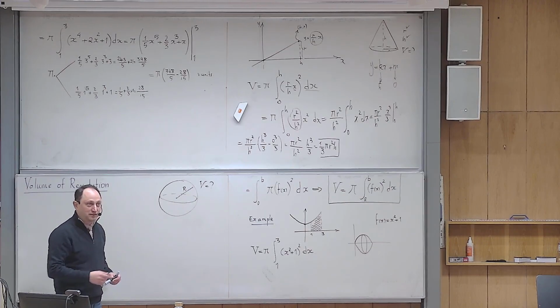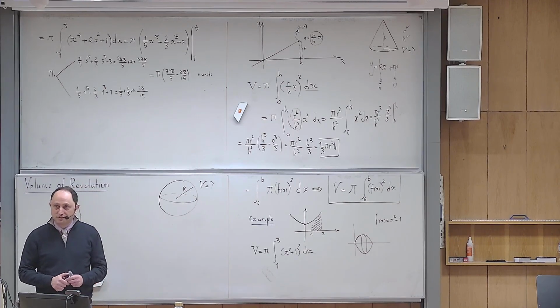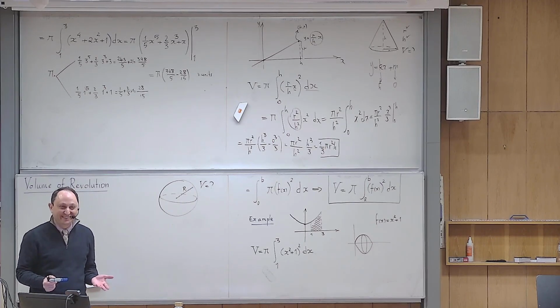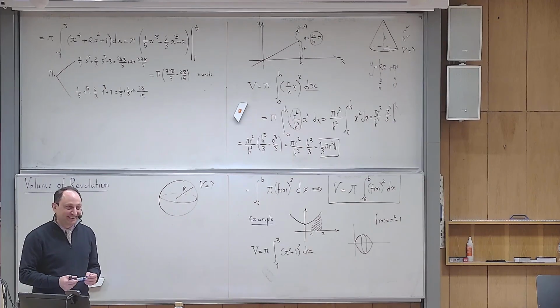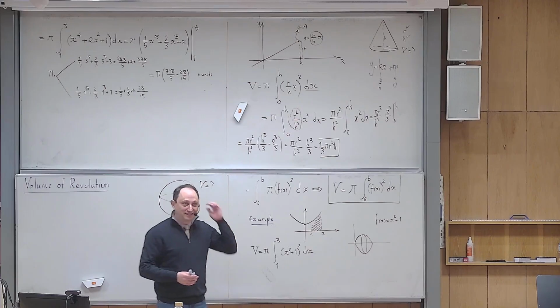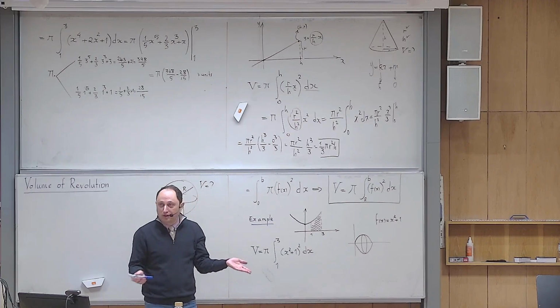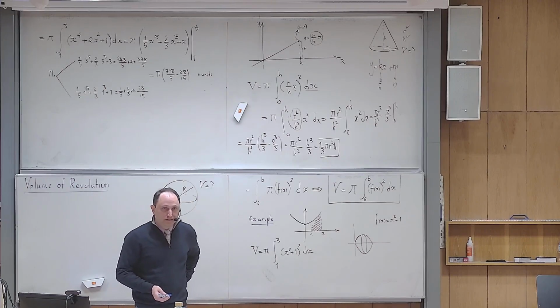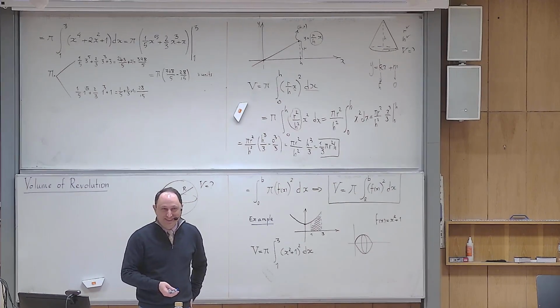Not a parabola. What should I rotate? Yes? Like a sine function. No, a sine function has the same problem as you said. Oh, yeah, that's true. You can calculate the volume if you are interested in, but that is not a sphere. Why is that not a sphere? Well, that's a good question. I don't know how to answer that.